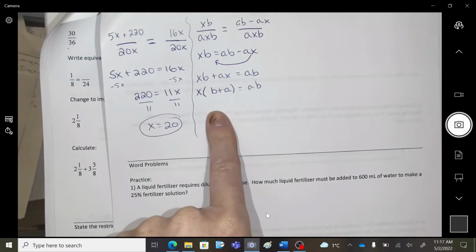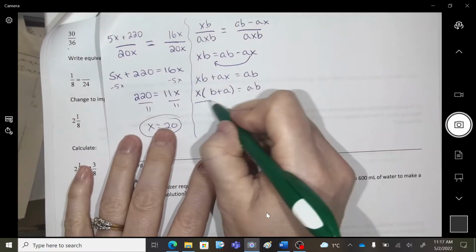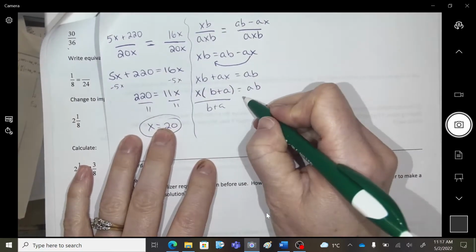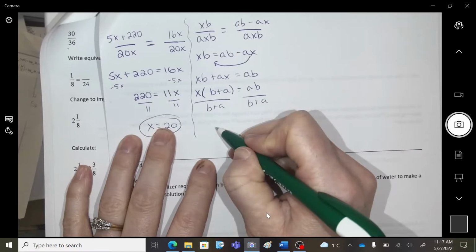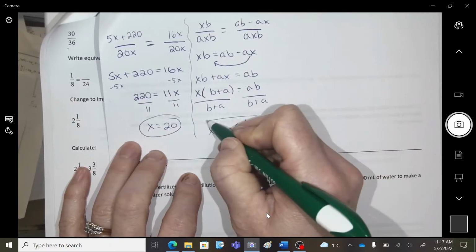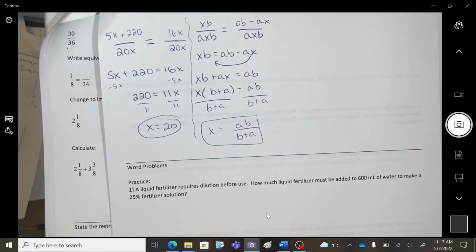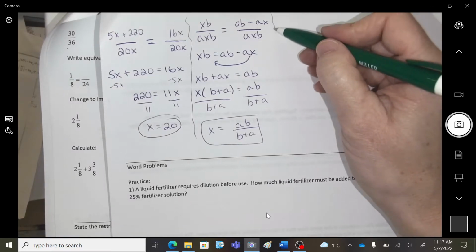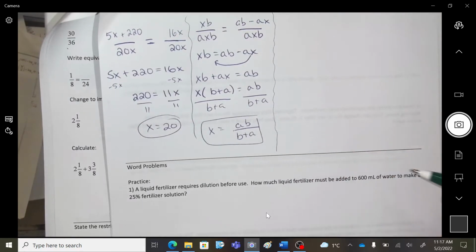And then how do I get x alone? Divide. Okay, I did that question with you because you probably wouldn't see it on a test, but it's nice making you think about your algebra.